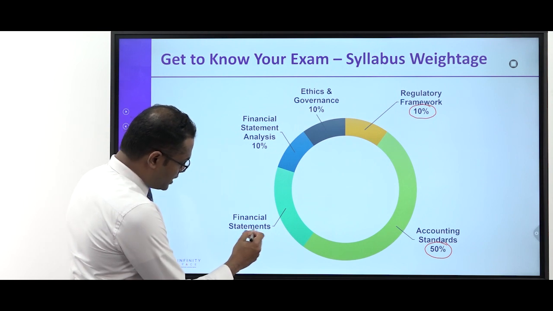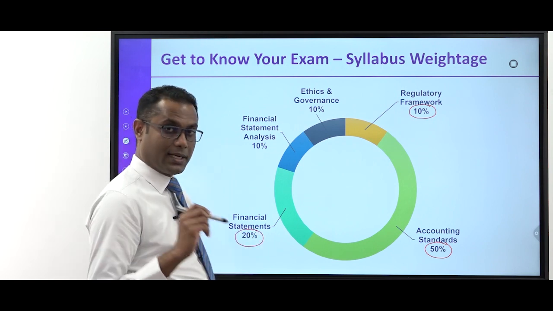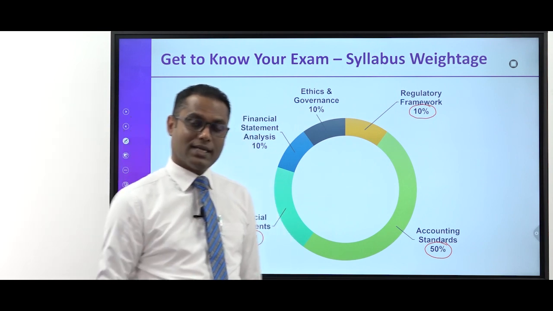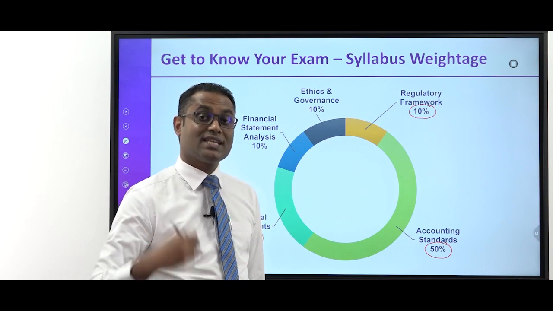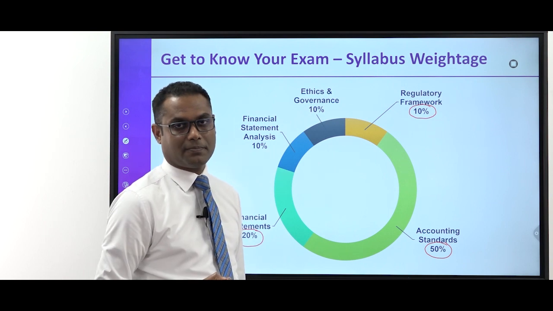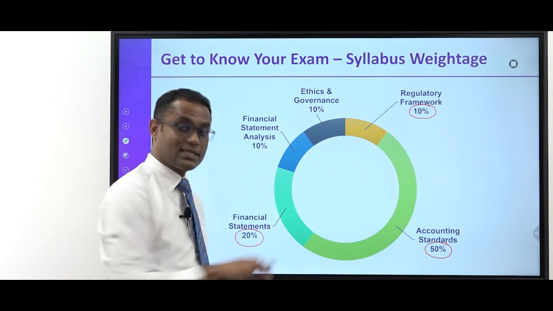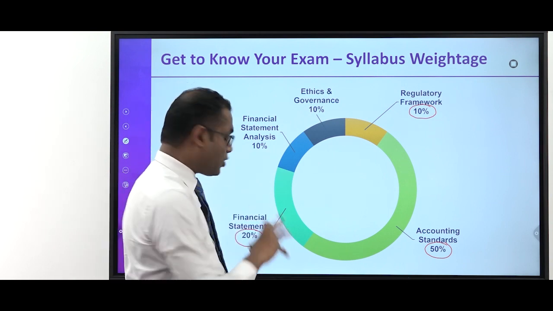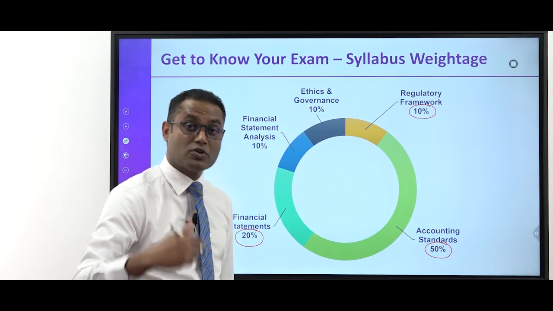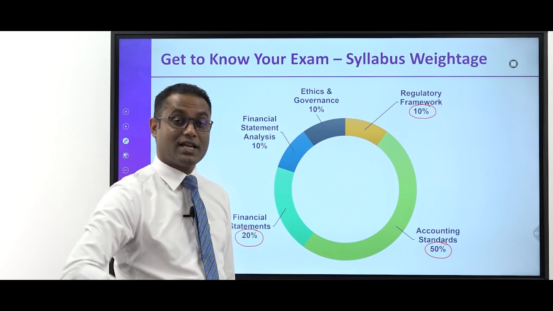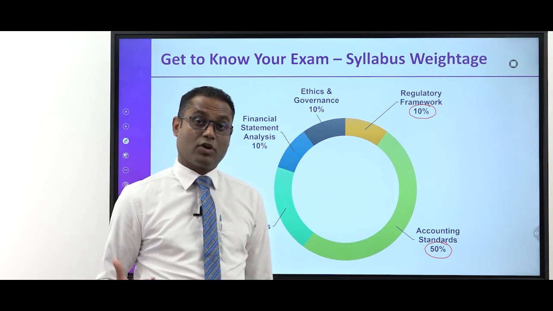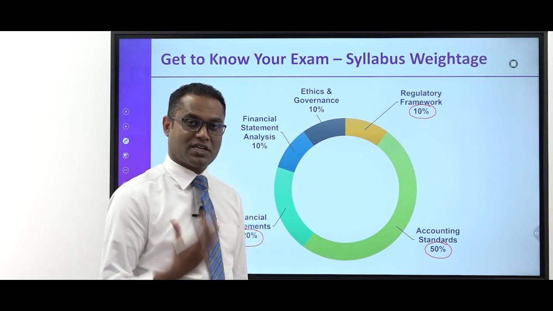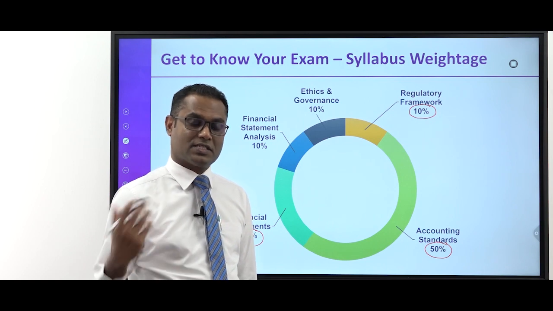Then 20% is from the financial statements. Here you have already learned how to prepare the financial statements for a single entity in the previous stages. Now at this level, what is important is to prepare the consolidated financial statements, or group financial statements. We know there are a lot of conglomerates in our country: John Keells, Hayleys, Aitken Spence.